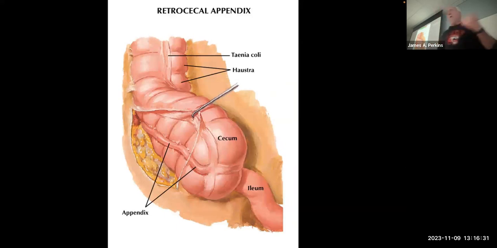Actually, more people have this situation known as a retrocecal appendix, where the appendix ends up getting trapped posterior to the cecum when the ascending colon fuses to the abdominal wall later in development. So remember I said ascending colon is one of these secondary retroperitoneal structures that starts out free floating in the abdomen, but then fuses to the right side of the abdominal wall. And when it does that, it often traps the appendix posteriorly.